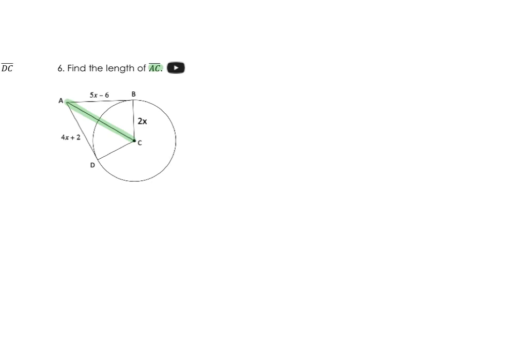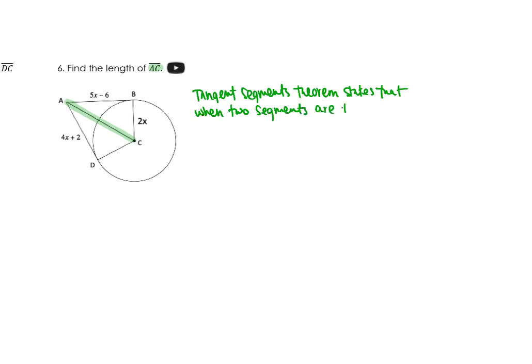And the tangent segments theorem states that when we have two lines tangent from the same point, those line segments are congruent. So the tangent segments theorem states that when two segments are tangent from the same point, they are equal.